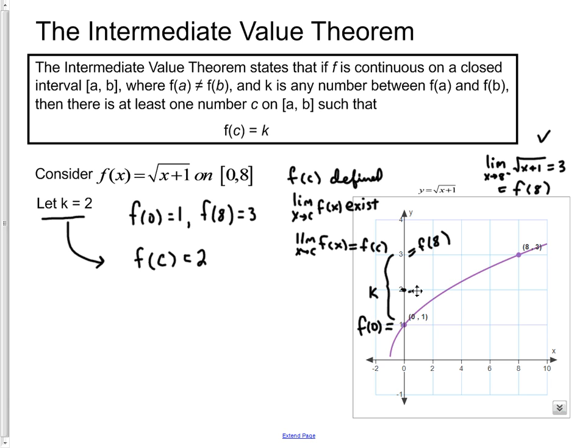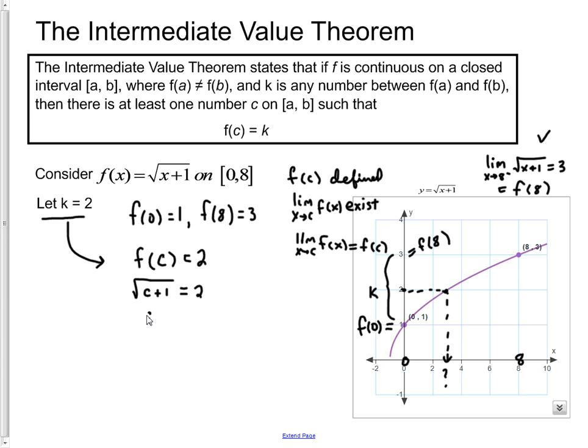We want to assure ourselves that by setting the function equal to 2, we'll definitely get a value somewhere between 0 and 8. Will we? Of course we will. Because if we take the square root of c plus 1 and set that equal to 2, as guaranteed by the theorem, we should be able to find a value of c somewhere between 0 and 8.